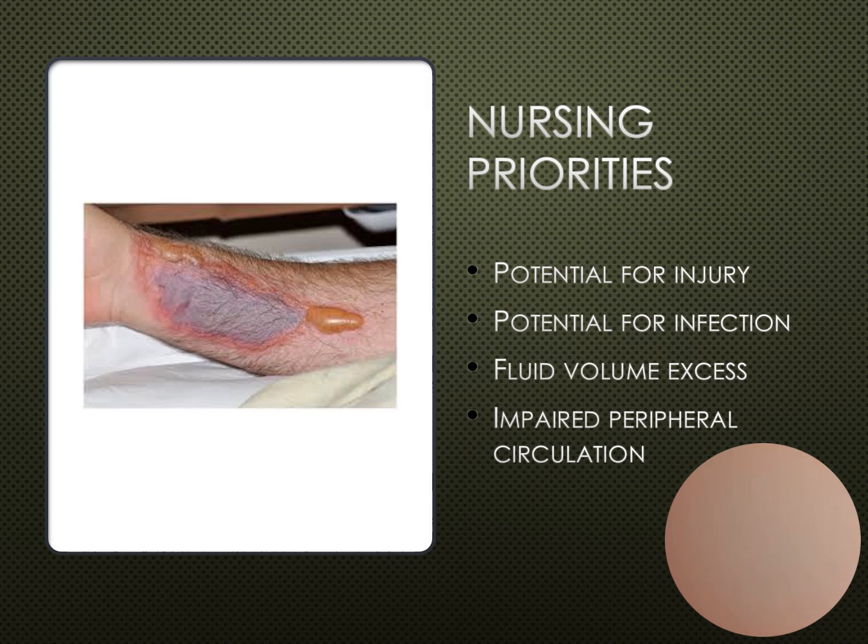These are the nursing priorities that have the most impact on the client that is receiving IV therapy. They have a potential for injury that would include trauma, infiltration, or extravasation, and a potential for infection from cannula irritation, medication irritation, or non-adherence to aseptic techniques.